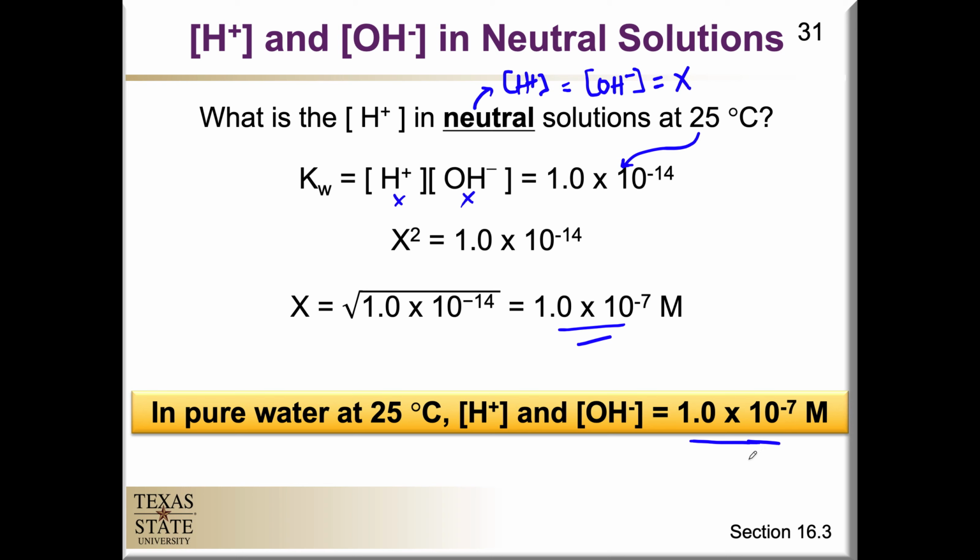Remember that in a neutral solution, both of these are equal. In an acidic solution, on the other hand, the hydrogen ion concentration would be greater than 1 times 10 to the minus 7 molar at 25 degrees Celsius, while in a basic solution, the hydroxide ion concentration would have been greater than 1 times 10 to the minus 7 molar at that temperature.